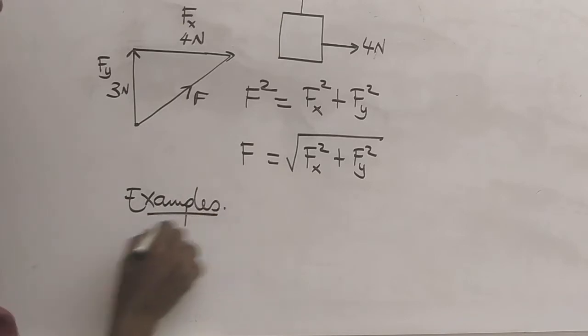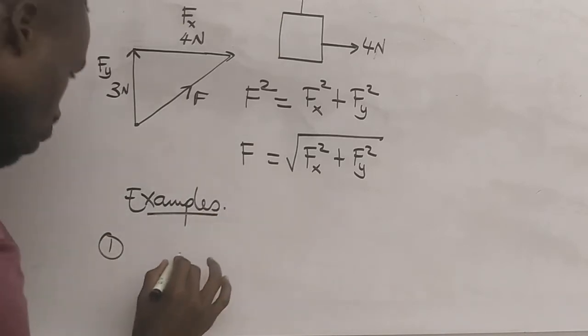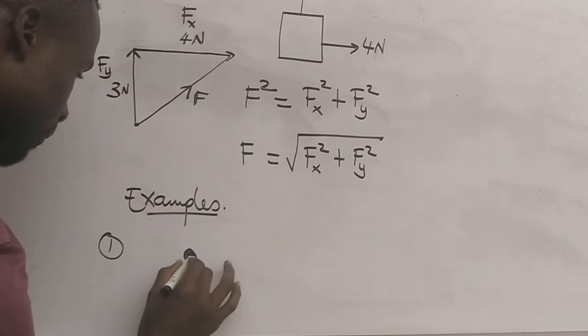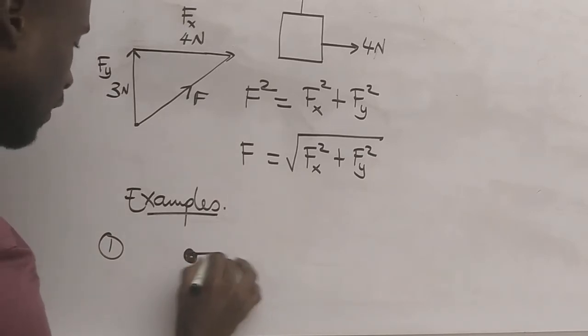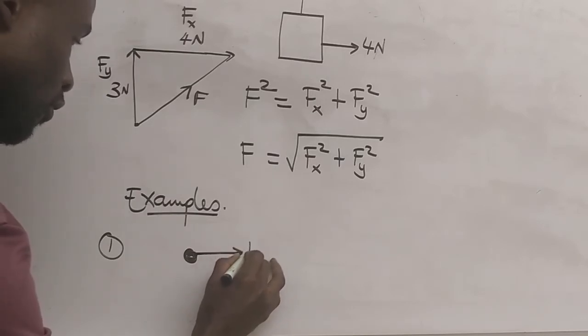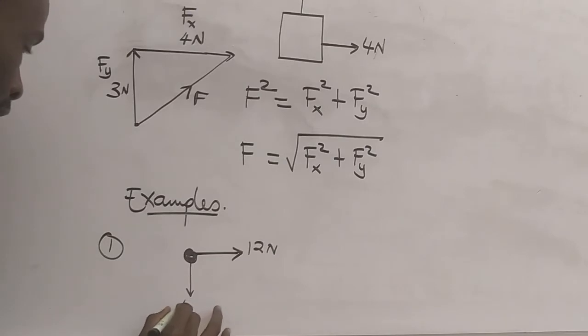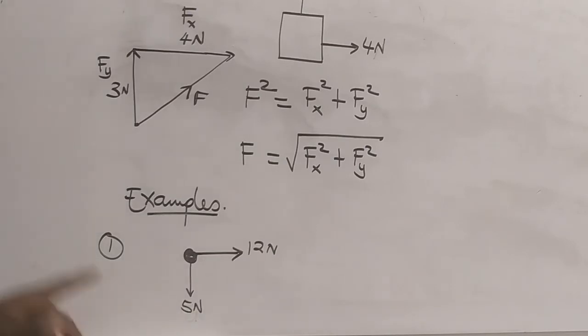The first example is you have a body here that is being acted upon by a force of 12 newtons, and here we have 5 newtons. This should be longer than this, but just because of the space.